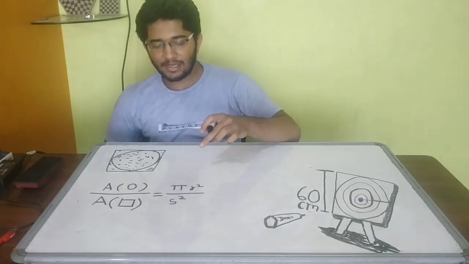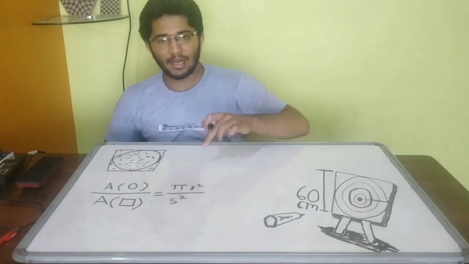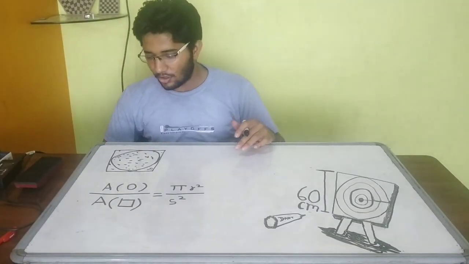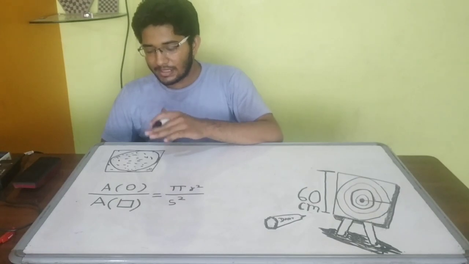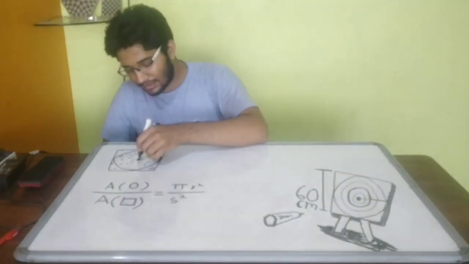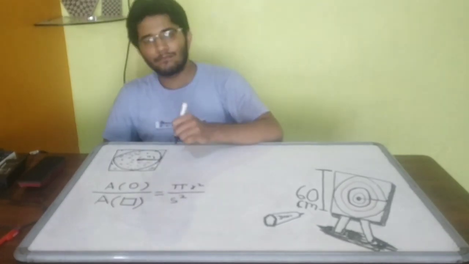Now, is there any relation between s and r? In general, there is no relation, but in this type of diagram, there is a relation between s and r. If you observe, this is the radius.